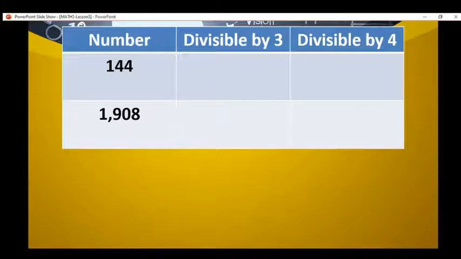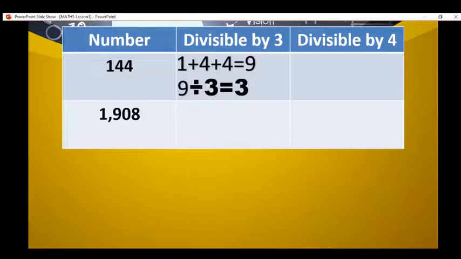So we'll find out if it is divisible by 12 by checking if it is divisible by 3 and 4. Okay, when you say divisible by 3, you need to add all your digits. So 1 plus 4 plus 4, we got 9. So to identify if it is divisible by 3, we need to divide it by 3. 9 divided by 3 is equal to 3. So the answer is yes. 144 is divisible by 3.